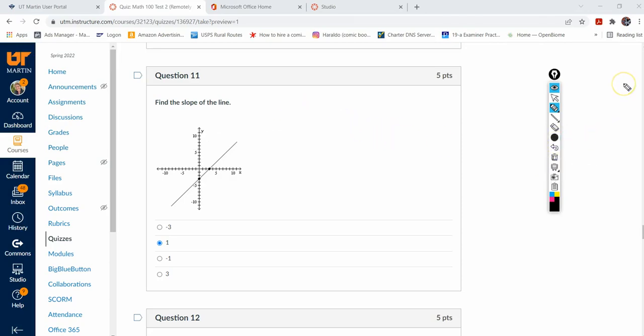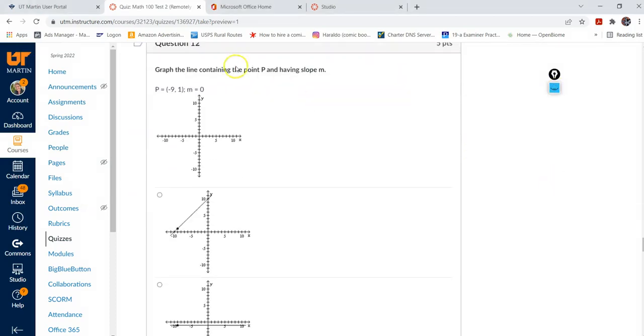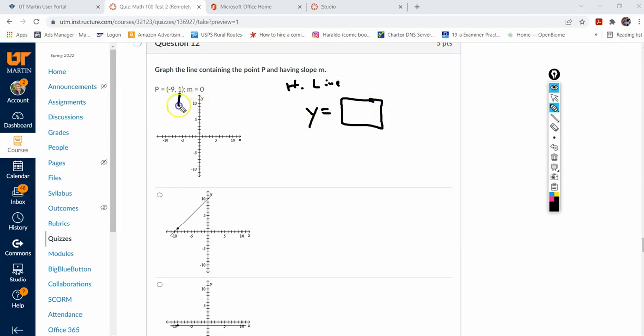And let me scroll. And it contains this point. So if it's a horizontal line, it has the equation y equals a number. And the number is going to be the y coordinate of this point.